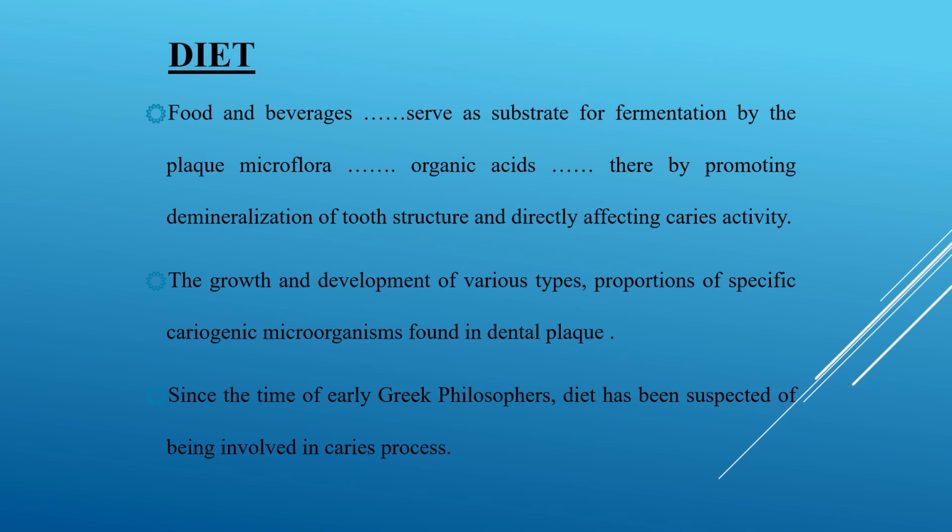It influences the growth and development of various types and proportions of specific cariogenic microorganisms found in dental plaque. Since the time of early Greek philosophers, diet has been suspected of being involved in the caries process.